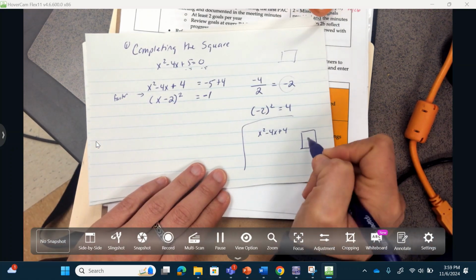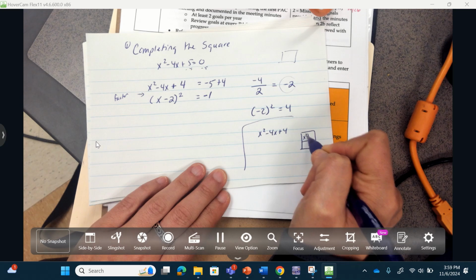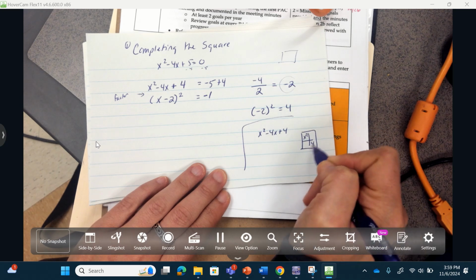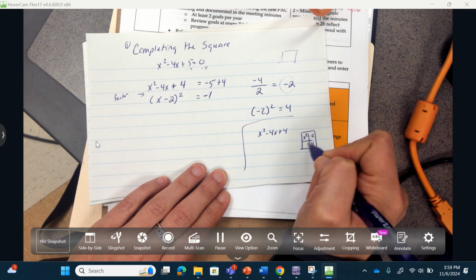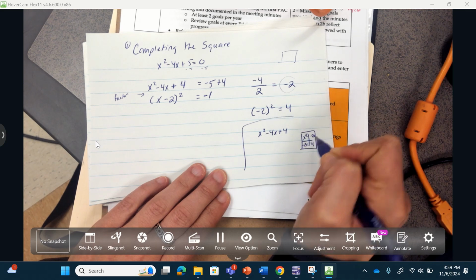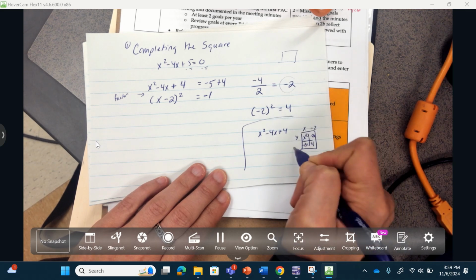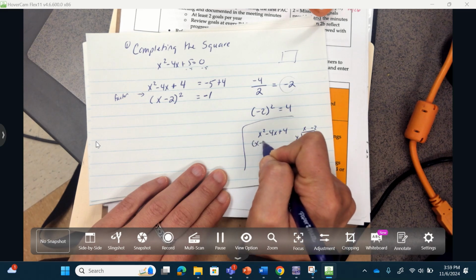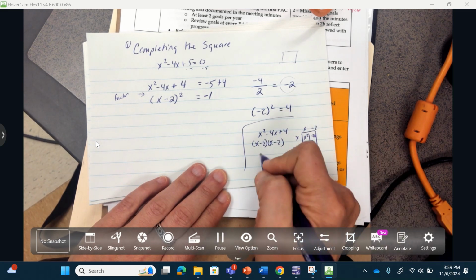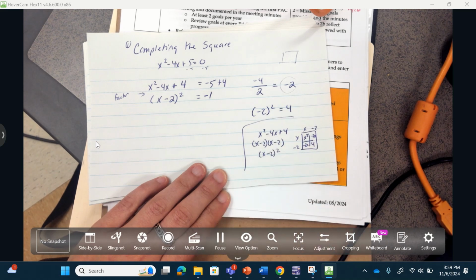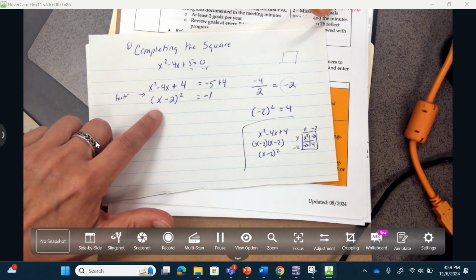And so we would set up our area model, and we would do x squared, and we'd have the 4. And we want two numbers that multiply to 4 but add up to negative 4. That's going to be minus 2 and minus 2. And so that factors into x minus 2 times x minus 2, which anything times itself is squared. So that's where that comes from.